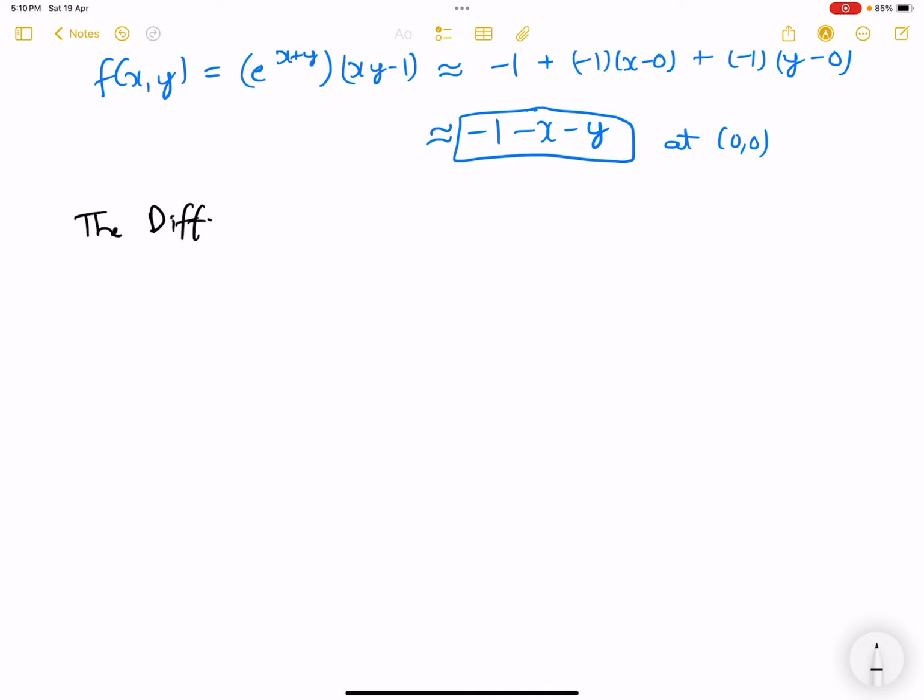The differential of a function of two variables.